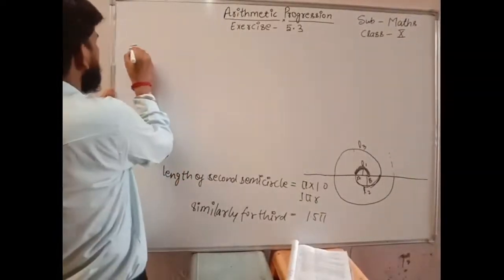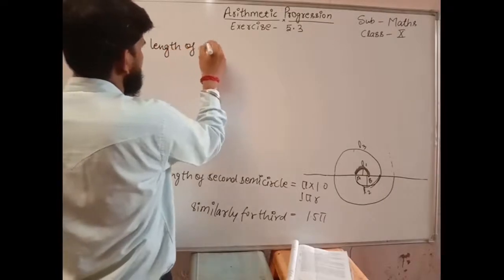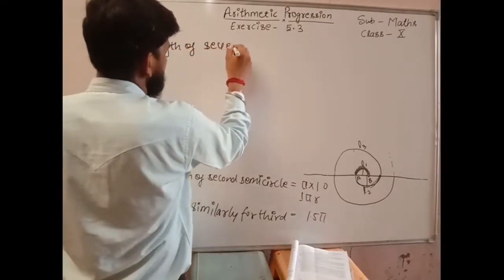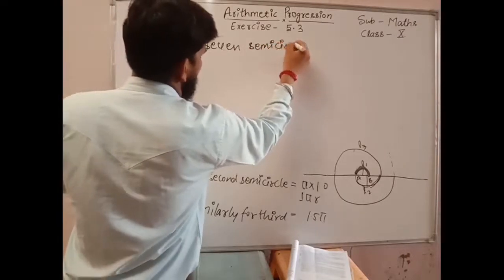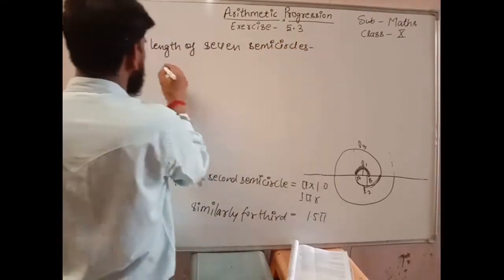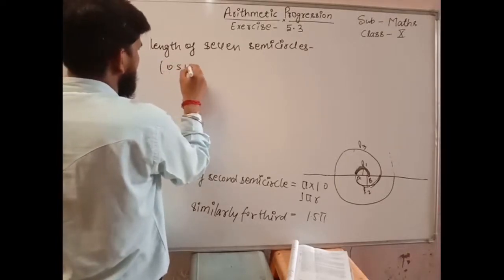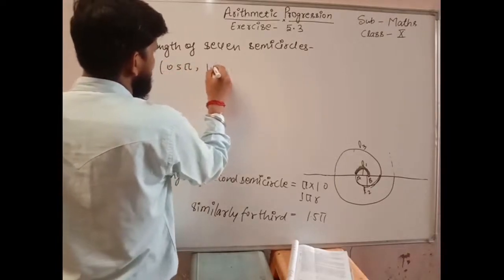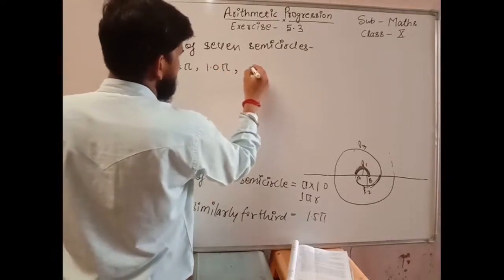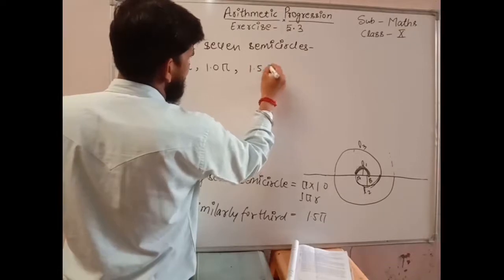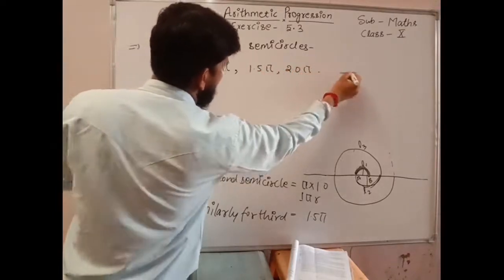So in this way we can calculate the length of 13 semicircles. So we can write 0.5 pi, 1.0 pi, after that 1.5 pi, 2.0 pi, or we can write 2 pi.